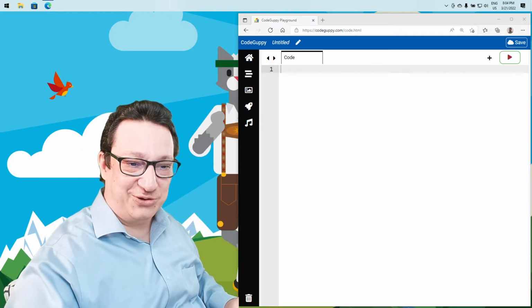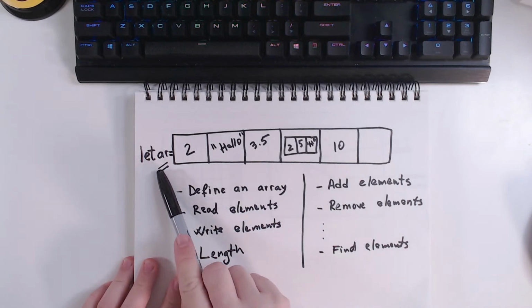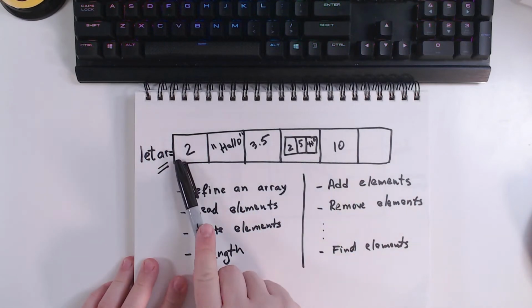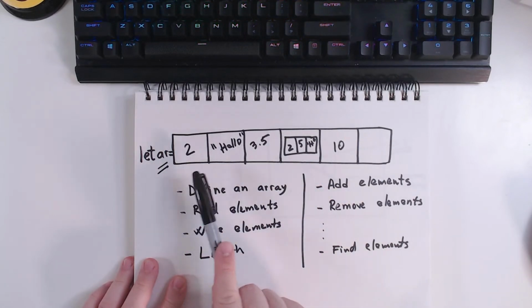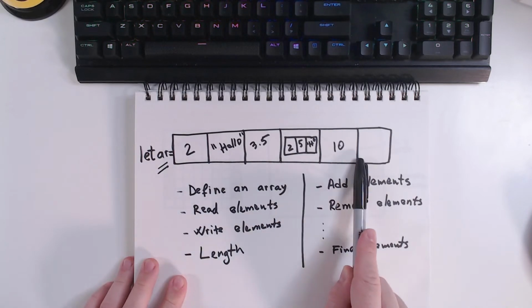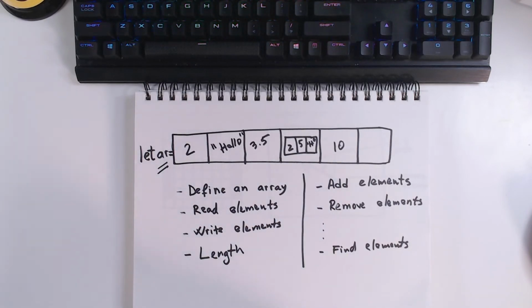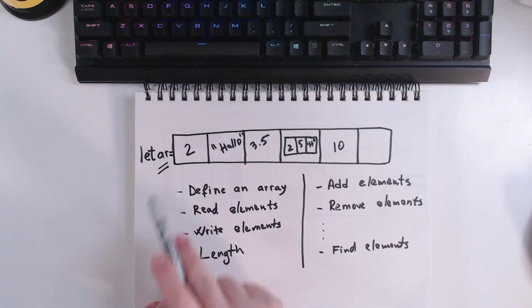Let me switch back here to my notebook. When we introduced arrays, we said that an array is a list of items, and inside this list we can place various entities. Before arrays, each of these entities was just stored in individual variables, but arrays allow us for the very first time to combine multiple of these entities in a list and refer to it via a single variable.